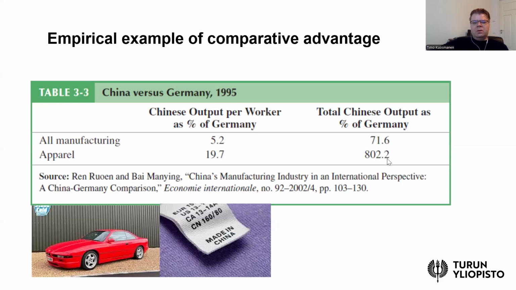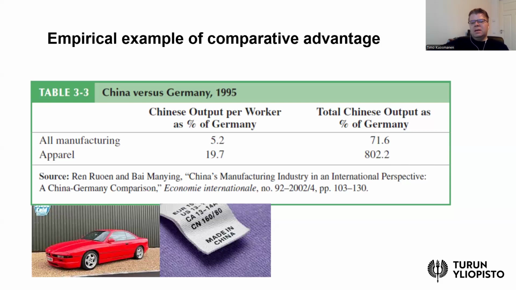However, if we consider the right column where we have total Chinese output as a percentage of Germany, in all manufacturing, China's output was only 71.6% in 1995, but in clothes it was 802%. So 8 times more than Germany.